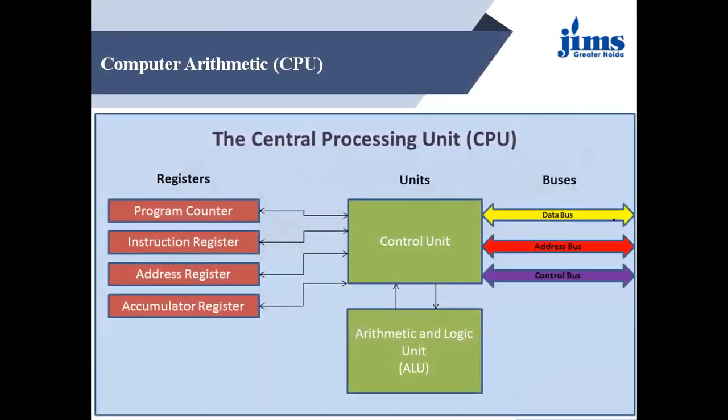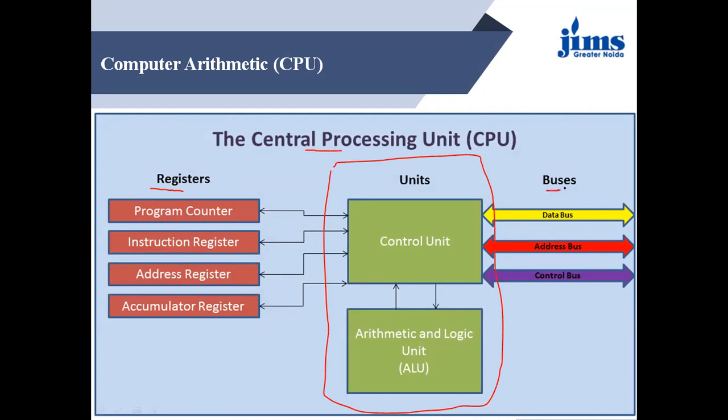We discussed this computer central processing unit diagram earlier also, where basically there are three parts. First one is registers, second is the control unit, that is central processing unit, and third one is buses.